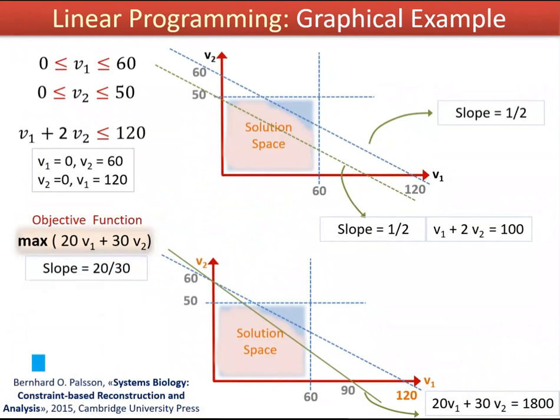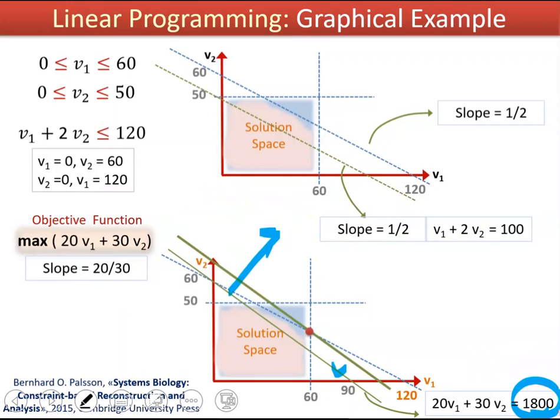So we want a line which is parallel to this green line and still lies in the solution space but has a maximum value. And we know that this value gets higher if you go to an upper place. So this means that this will be the line which is still in our solution space and has a maximum value.